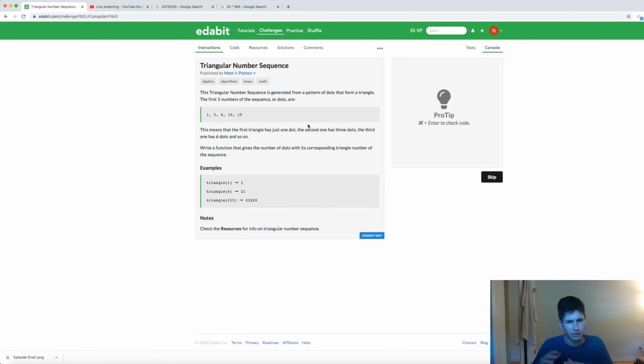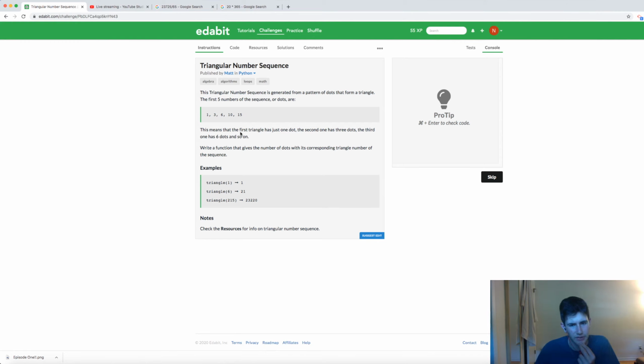We see 1, 3, 6, 10, 15. This means the first triangle has just 1 dot, the second has 2 dots. Ooh, wait. It's generated from a pattern of dots that form a triangle. The first 5 numbers of the sequence, or dots, are 1, 3, 6, 10, and 15. This means that the first triangle has just 1 dot.